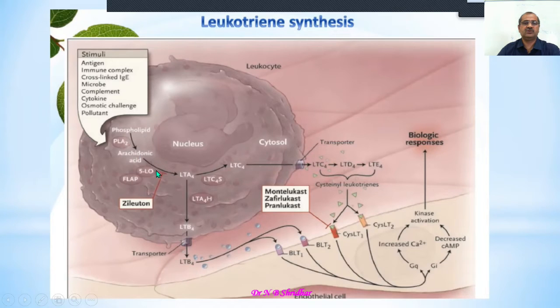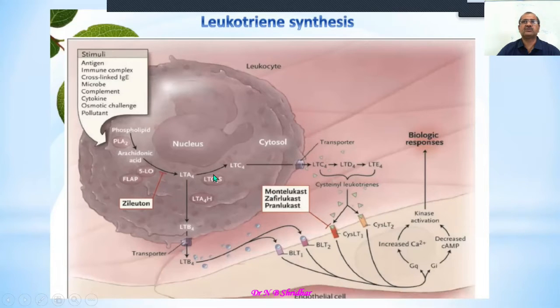Then leukotriene A4 is formed. This process is inhibited by Zileuton, whereas the LTA4 is converted to LTB4, which then acts on the different types of receptors.